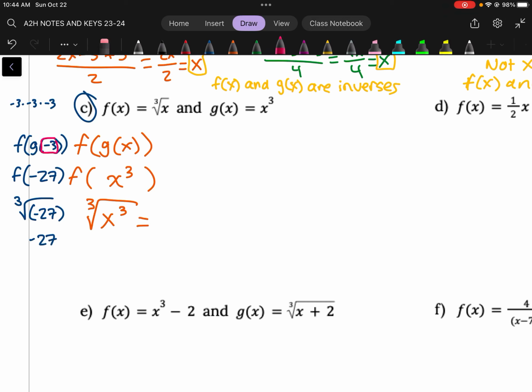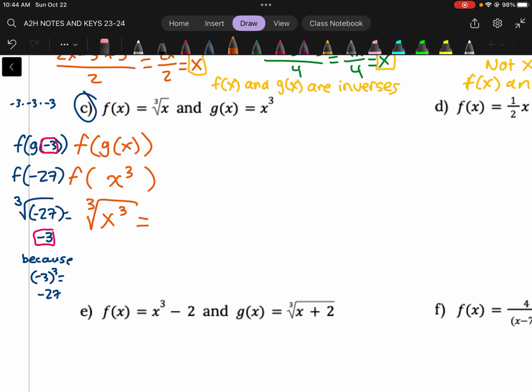The answer is negative 3, because negative 3 cubed is negative 27. So putting negative 3 in at the beginning resulted in negative 3 at the end.